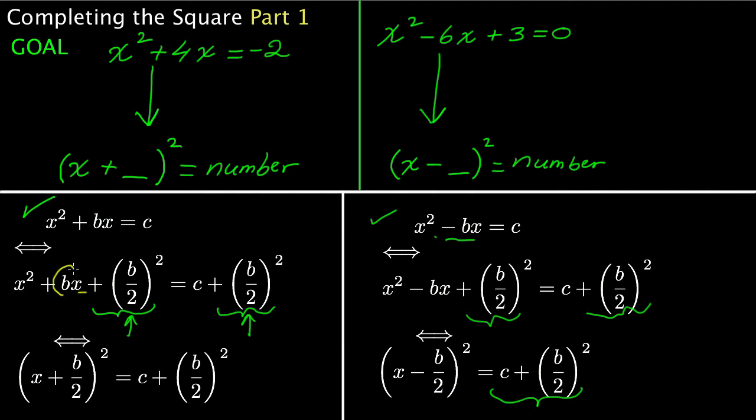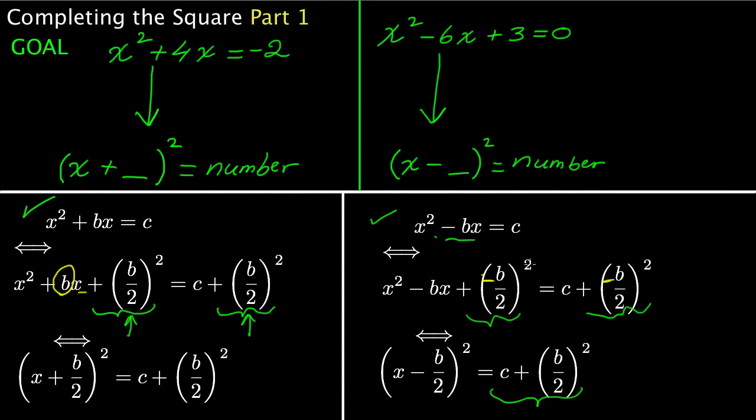So this b here is the coefficient of x, and what we're doing is we're taking half of that coefficient and we're adding the square of that to both sides. Technically what we're doing here is adding half the coefficient, which is minus b in this case, but of course squaring that does not matter if we write plus or minus inside the parentheses.